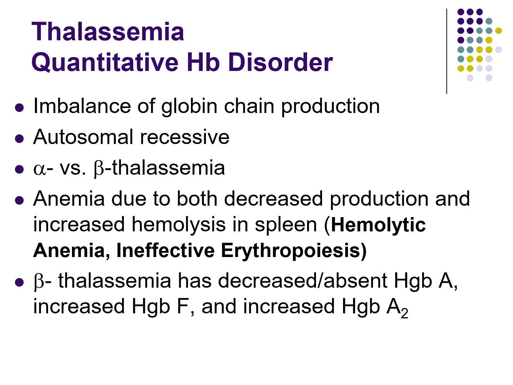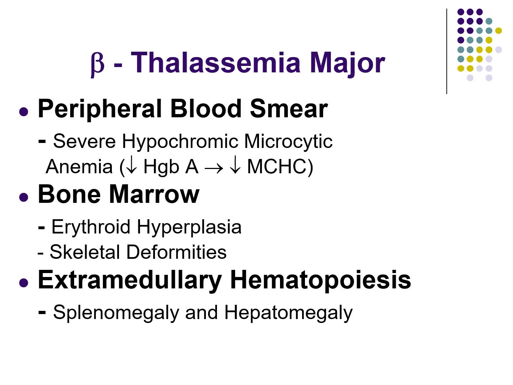We don't even produce it into the blood, and sometimes the retics are not very high like in other hemolytic anemias. The peripheral blood smear in these patients shows severe hypochromic microcytic anemia, like that present in iron deficiency, but there are certain differences between them.